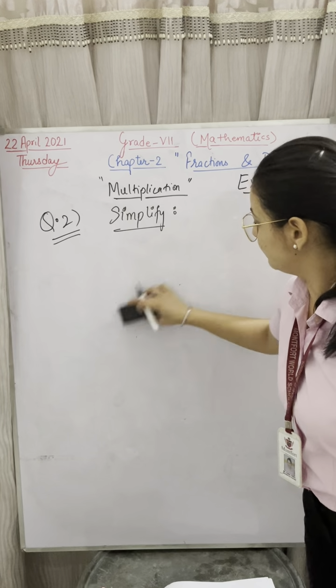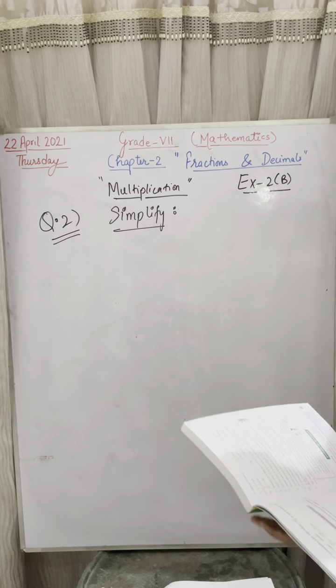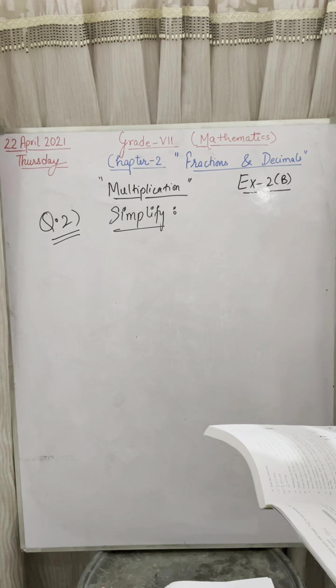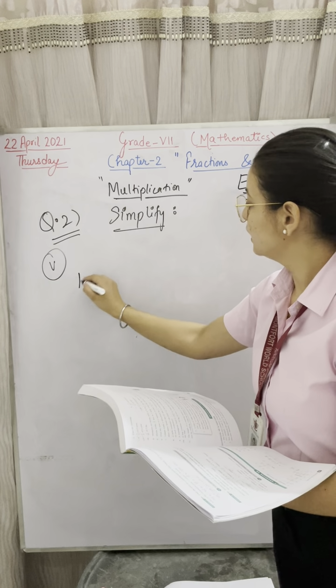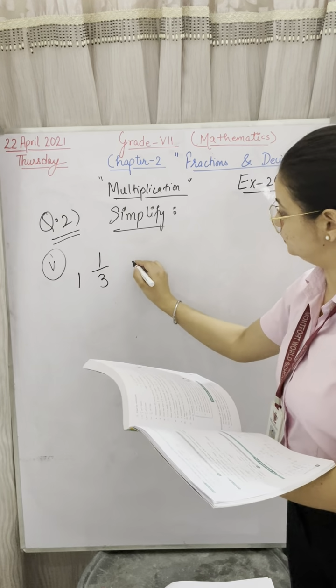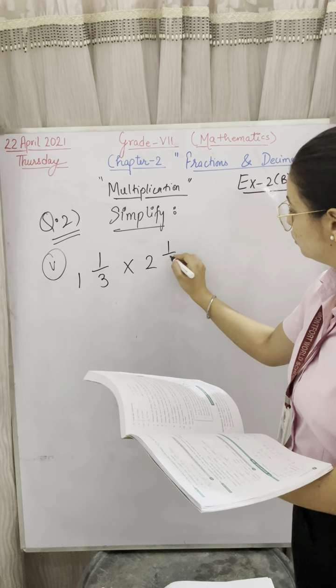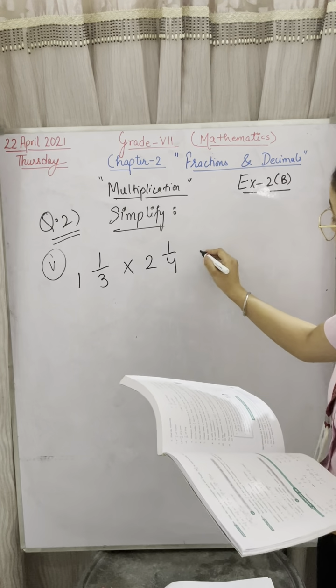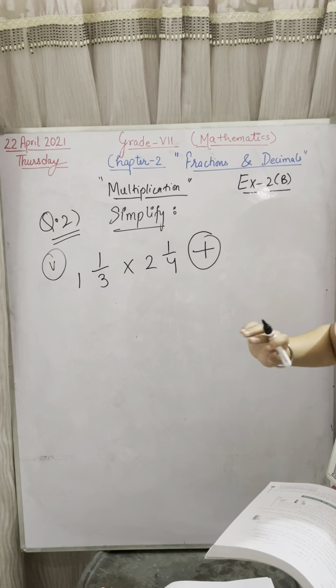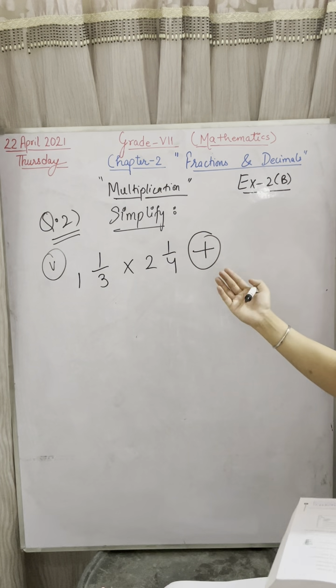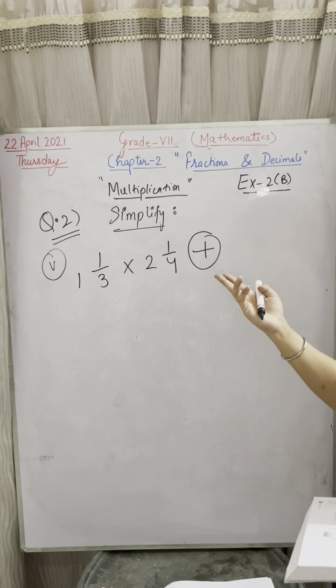Now I'm going to solve one more part. You will be able to understand how ma'am has cancelled all the terms. The fifth part is 1 by 3 multiply by 2 1 by 4. Now here a plus sign is there. I have told earlier also that in simplification there can be more than 2 or 3 signs.